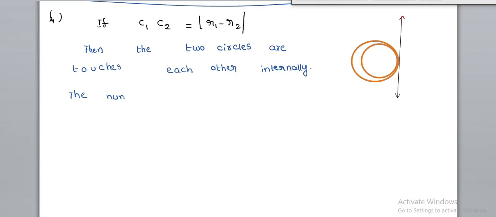The number of common tangents is 1. Next.